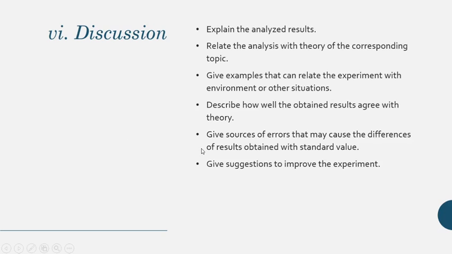Then you can give sources of errors that may cause the difference between the results obtained and the standard value. You should state what sources of errors might have occurred during your experiment that caused that difference. Then give suggestions to improve the experiment.